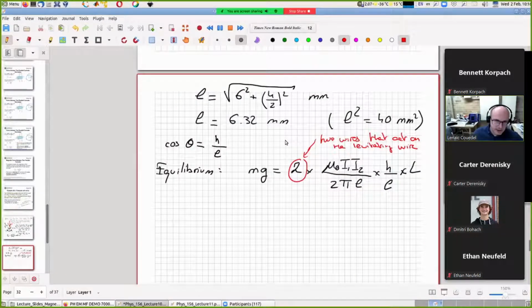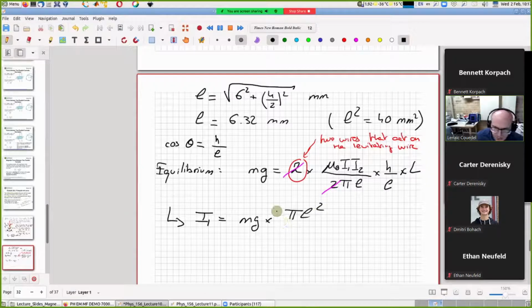So you have everything to solve the problem. So you can just reverse this equation. We're interested in the current in the top wire, which is called I1. So you have I1 is equal to mg times, so you can already simplify the 2 here, so it's times pi times l times l is l square divided by mu0 I2 h capital L. Okay, so I took this equation and then I extract I1 to answer the question.